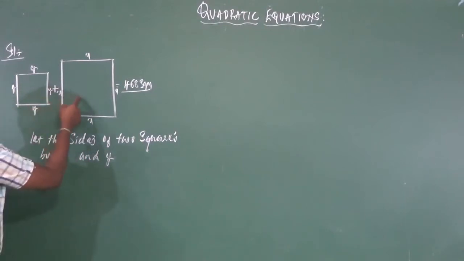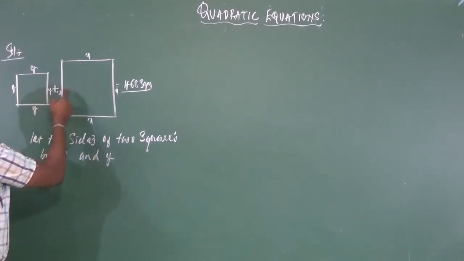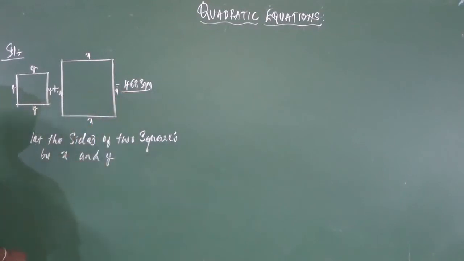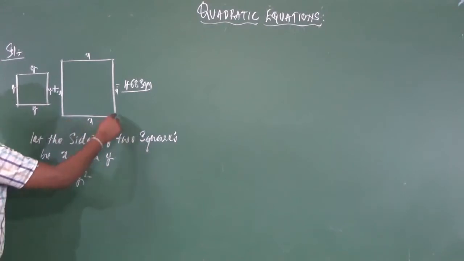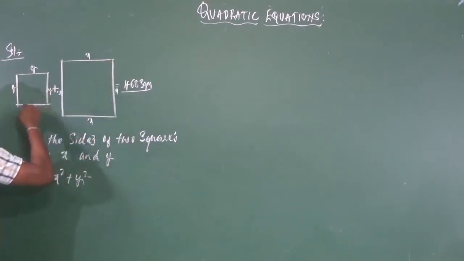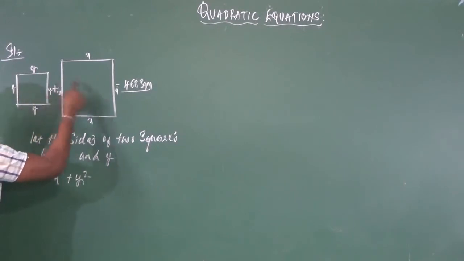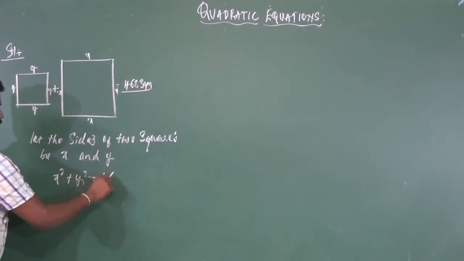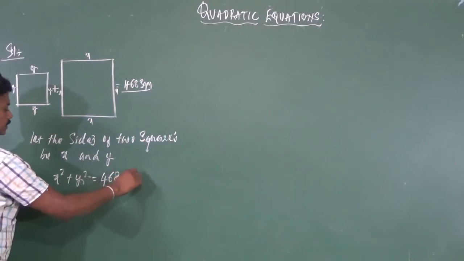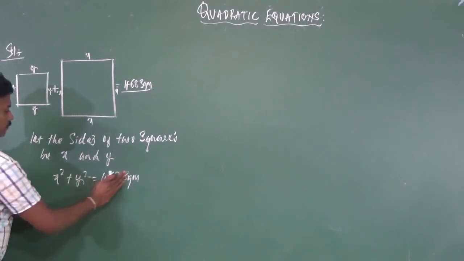Now the sum of the areas of the 2 squares is 468 square meters, so that becomes x square plus y square, that is x into x is the area of this square, y into y is the area of this square. So therefore x square plus y square is 468 square meters. Alright, so 468.